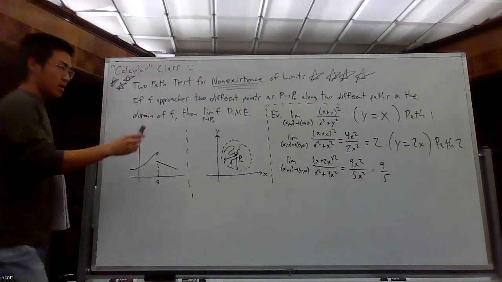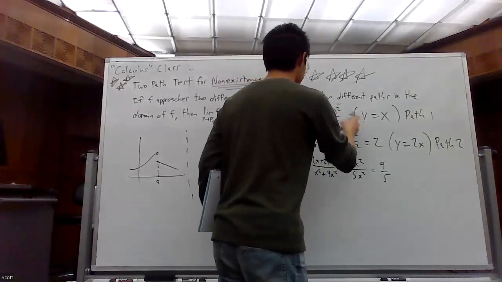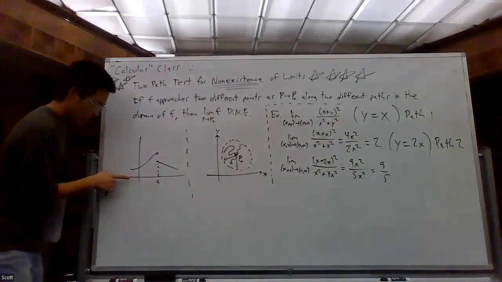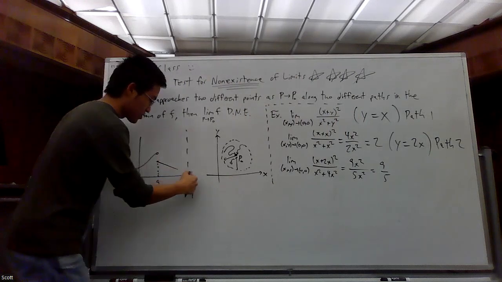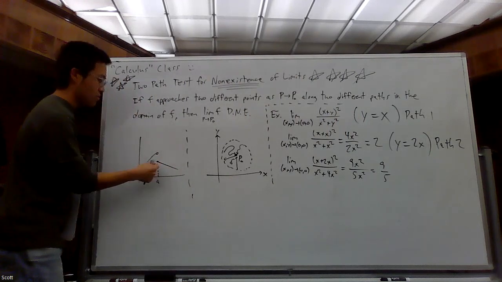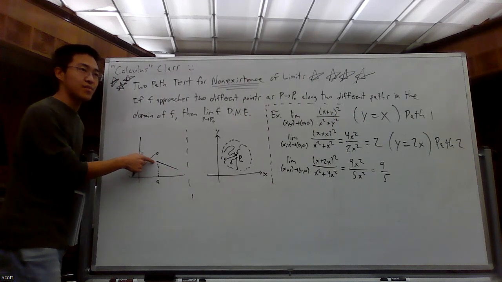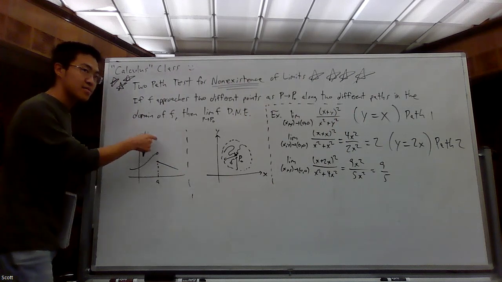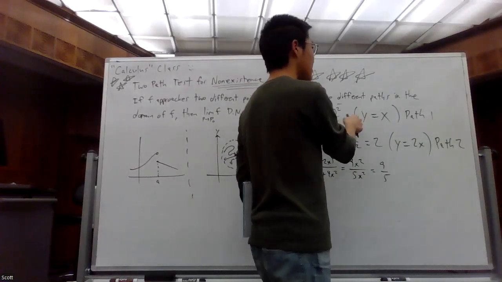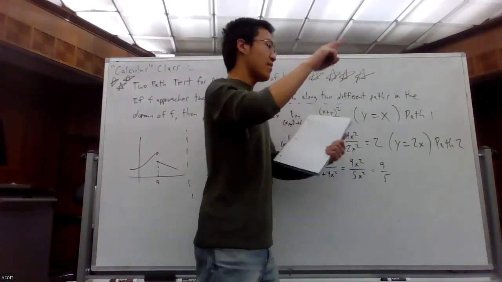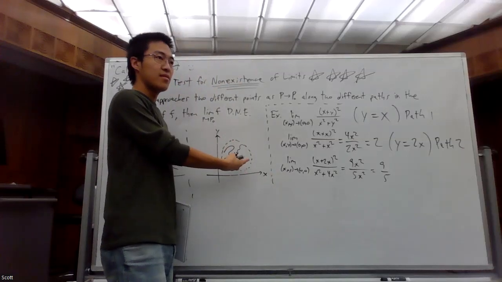So here's the thing. Again, think about this analogously. Just as in Calc 1, you approach from the left side, you get to some value. You approach from the right side, you get to some other value. You say, hold on a second, that didn't approach the same thing. So it's broken. There has to be some sort of a jump in my graph. Here we say, maybe I can't call it left and right because left and right is meaningless when you're talking about this plane.